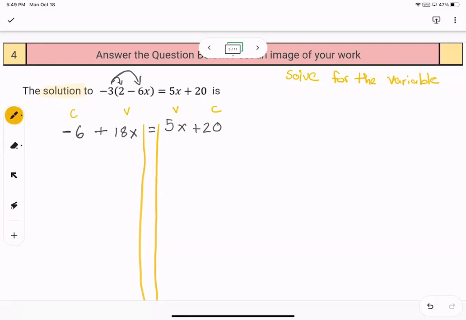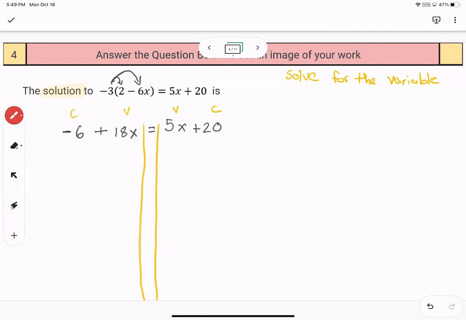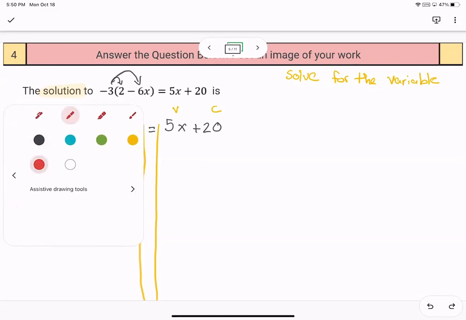So I like dealing with positive numbers. So what I'm going to do is I'm going to get all the variables to the left side. So I already have 18x over here. So I'm going to bring the 5x to the other side. Now, in order to do that, I want to combine them.